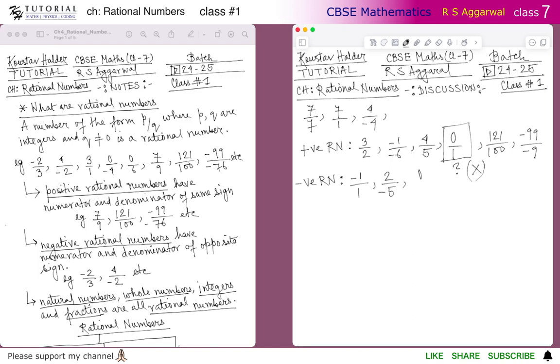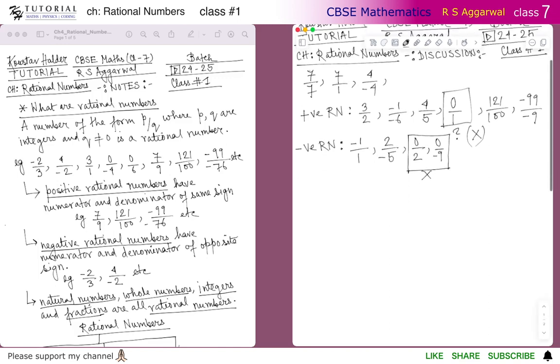But again, 0 by 2 or 0 by minus 9, these two are not negative rational numbers, because the integer 0 has no sign. Okay, I hope it's clear: positive rational numbers and negative rational numbers.